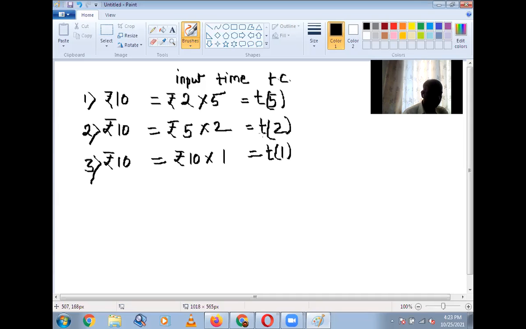Then we are going to see what the applications of amortized complexity are. That is, you have studied in data structure. First application is shortest path algorithm.